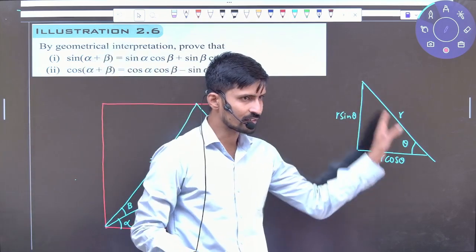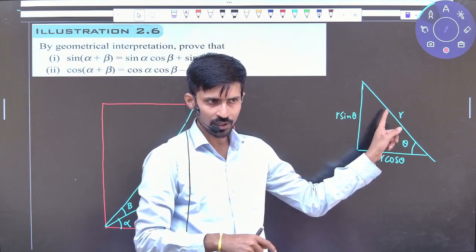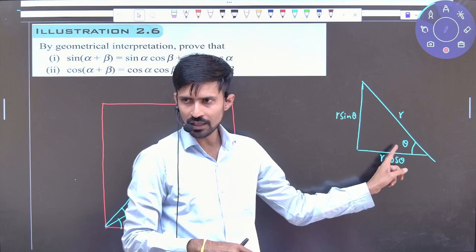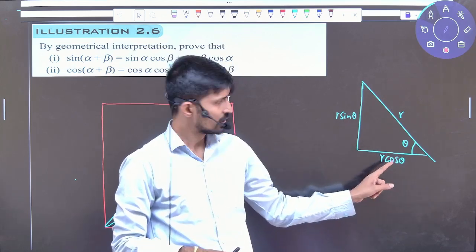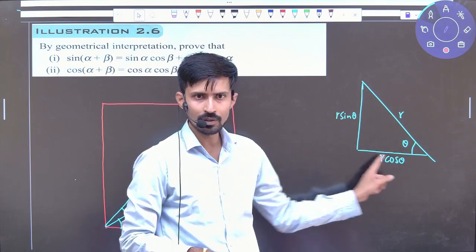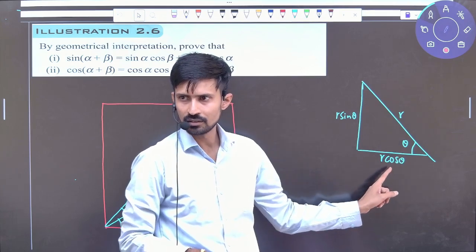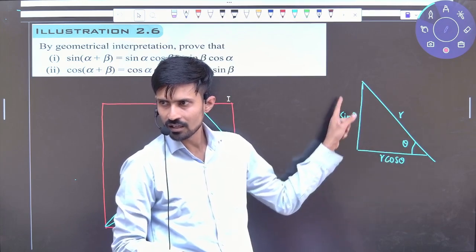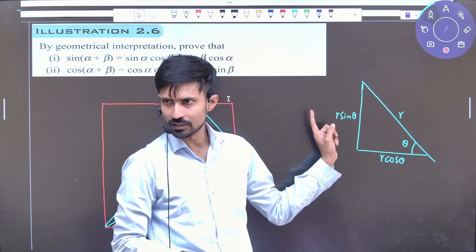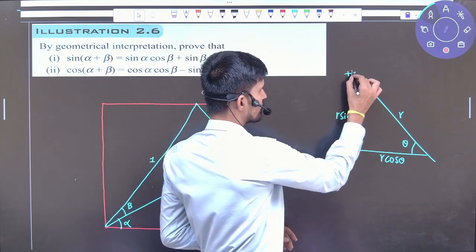In a right angle triangle, if you know the hypotenuse and any one angle, you can directly find the other two sides. R cos theta for the adjacent side, and for the side opposite to angle theta, r sin theta. Understood? Remember this.